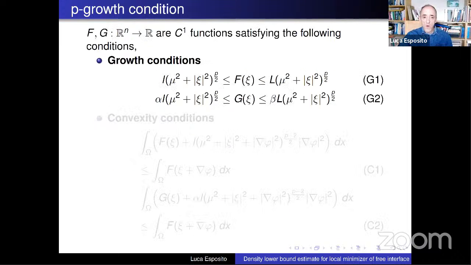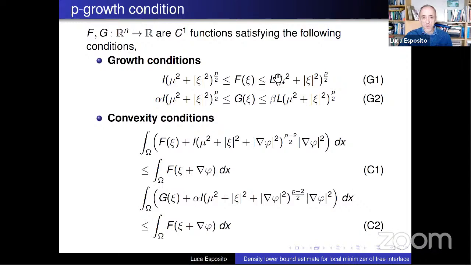Indeed, the only results that I know are the following. These are the assumptions on the densities capital F and capital G, but I go quick here because these are technical conditions. Here you have in G1 the growth condition, in G2 for G, and C1 and C2 are convexity conditions for capital F and capital G. These are very common.